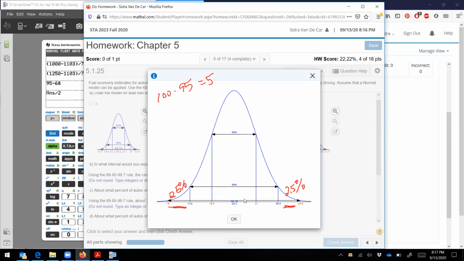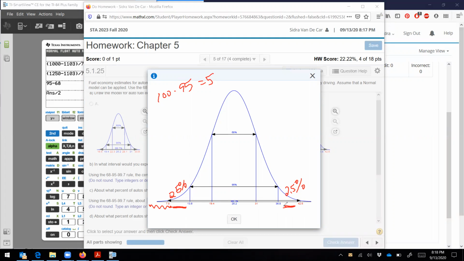Now this is just 95% of the data is here. So when I drew this, I shouldn't have drawn it that way, so this would be all the 2.5% would be everything beyond here. Remember that in 3 standard deviations, it's 99.7.